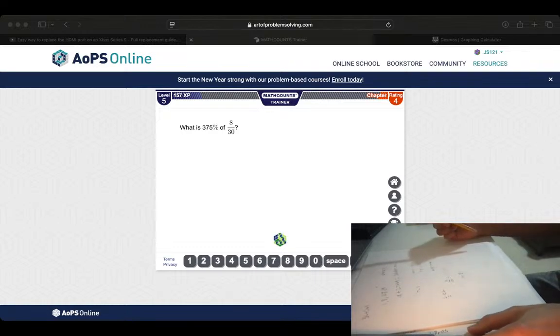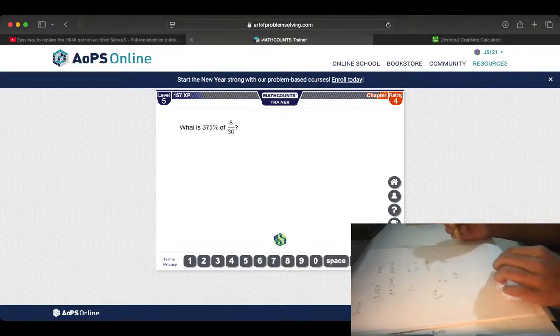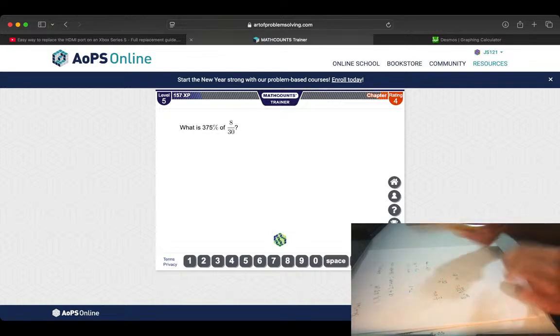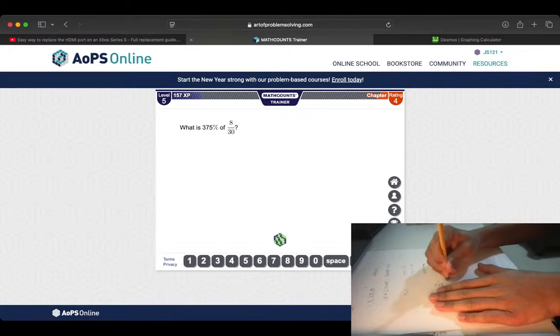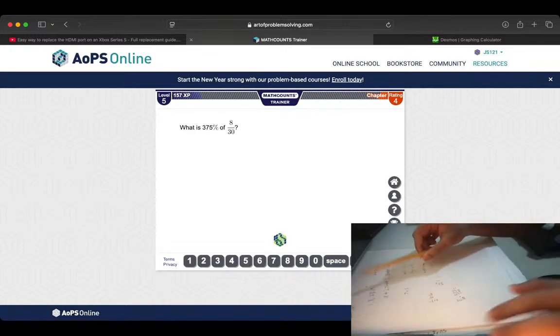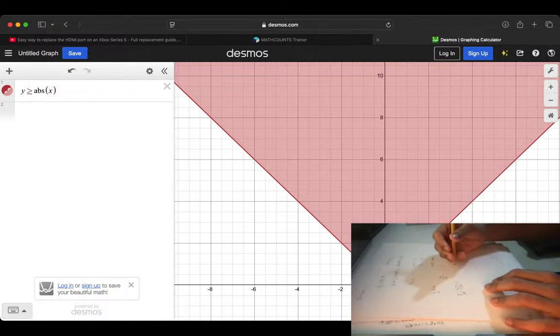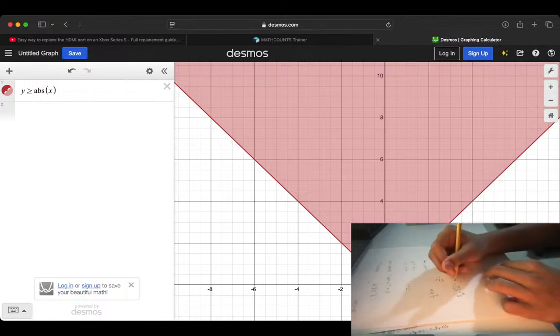Alright, while this is loading, let's see if we can actually solve it. 8 divided by 30 times 375 of 100. Pretty easy, I think. I think we could do this. You know what? Let's just switch it over to Desmos so we can't cheat.